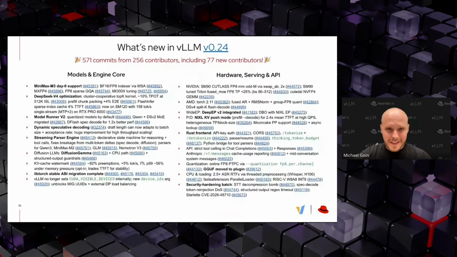So yeah, with those updates, we'll get into the actual release, and I'll kind of hurry through because I'm taking a lot of time. In 0.24, we had a pretty large release, more commits than usual, 571 commits from 256 contributors, 77 new ones, quite a lot for just 2 weeks. There we landed the Minimax M3 support with several optimizations since the day zero image we made. We also continued pushing performance on DeepSeek v4 and GLM 5.2, particularly any sparse MLA.